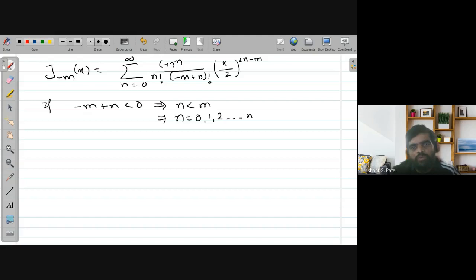In fact, this is if and only if. Thus, for n equal to 0, 1, 2 up to m minus 1, minus m plus n is negative.